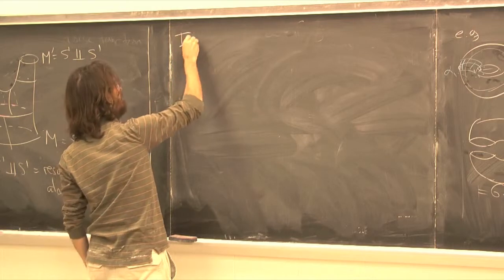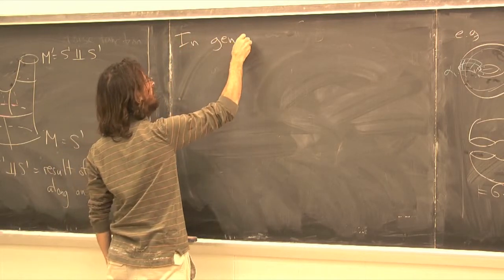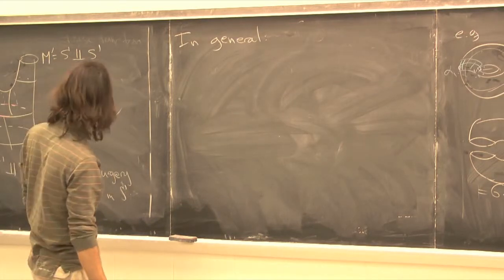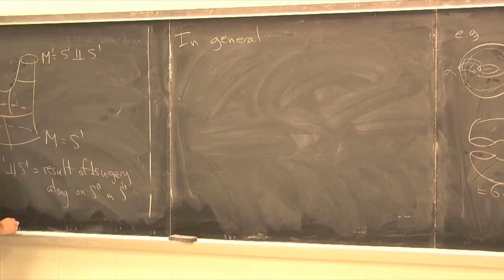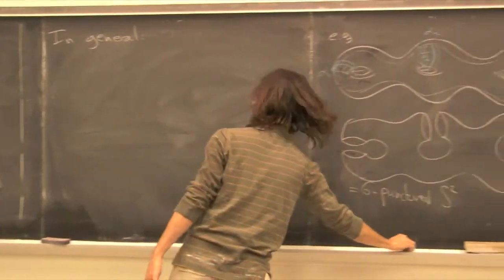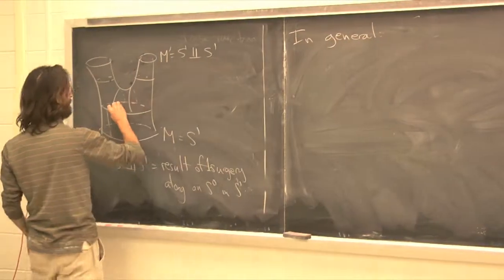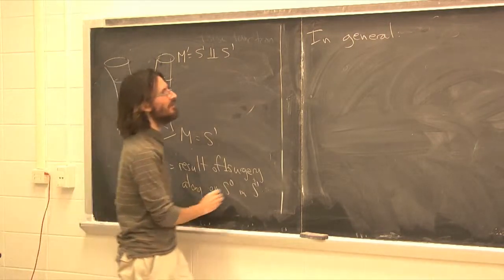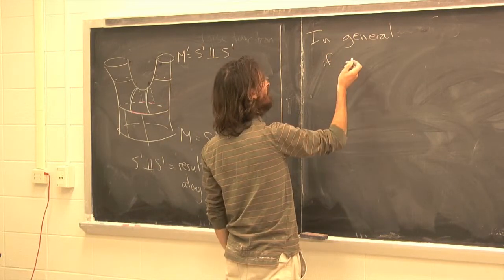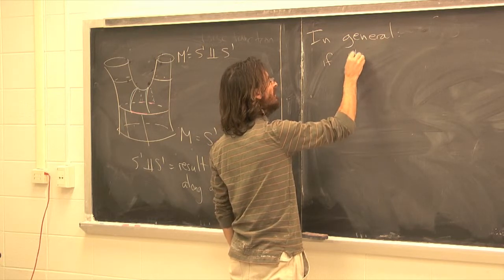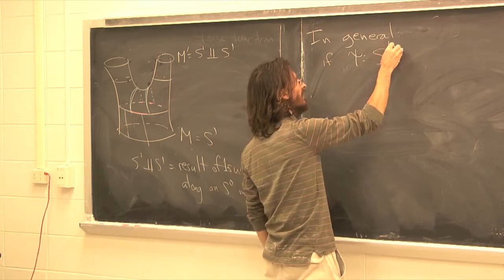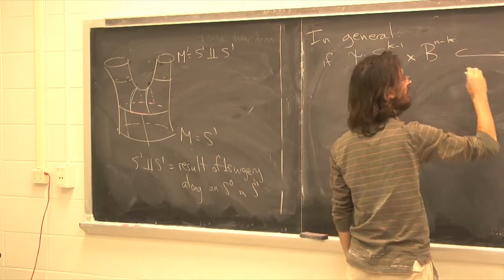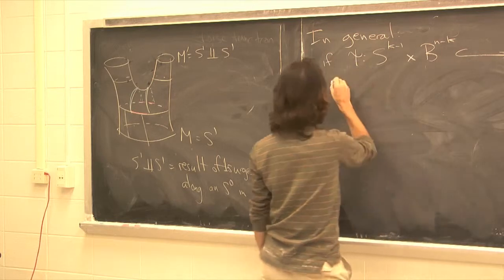So in general, right, what do you do? How does the new boundary relate to the old boundary, right? Well, it's very simple actually. So if C is your attaching map from your S^(k-1) cross D^(n-k) into M, that is the attaching map.